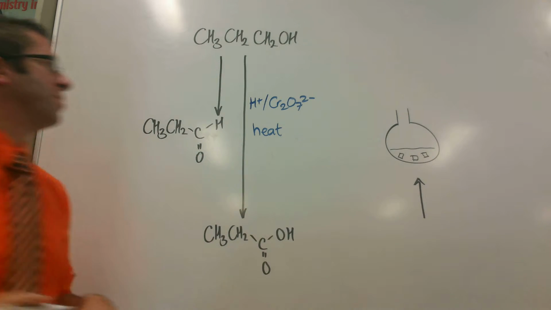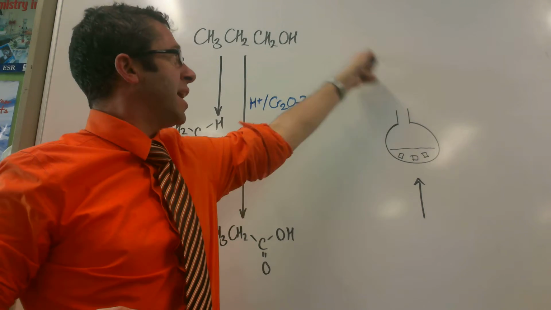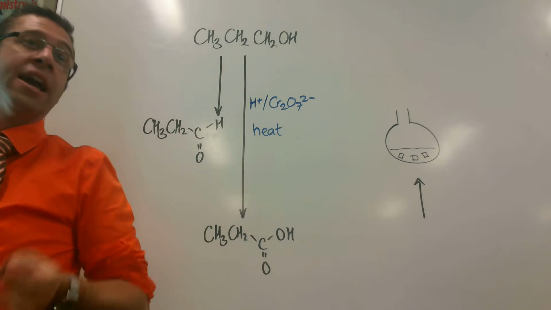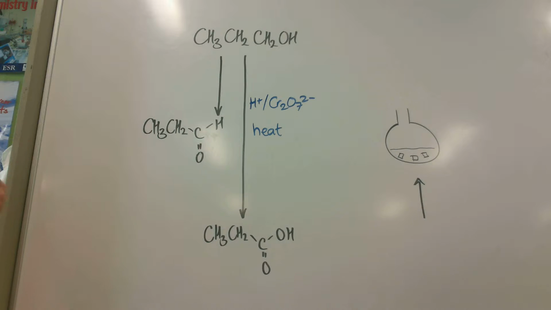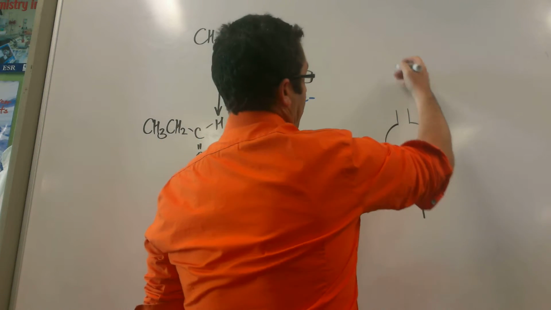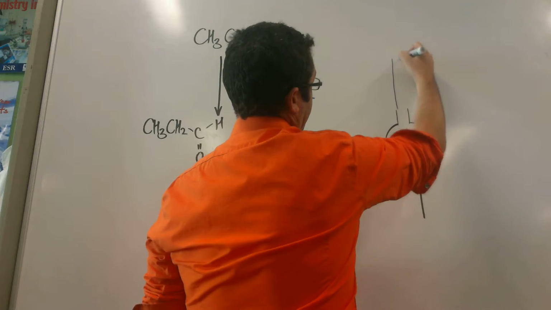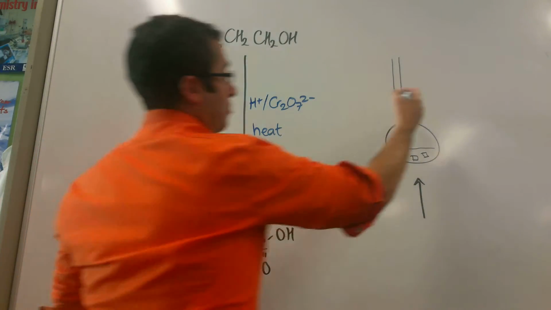Now you can see it's still an open system. There's no lid on it. Which means as I heat this, things are going to escape out into the air, and if they're in the air, they can't react. So I haven't achieved anything good yet. Until I put a thing on it called a condenser, which, as the name suggests, turns the vapour back into a liquid. And the way that it works is you've got an inner tube, which is connected to this, and an outer tube that is not.